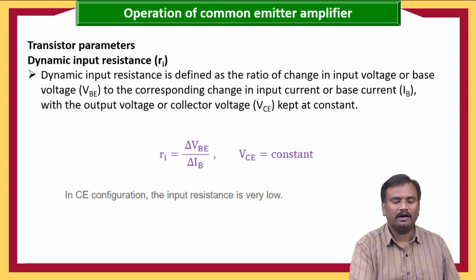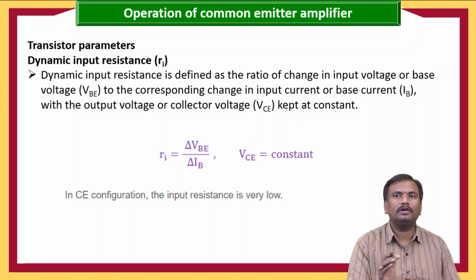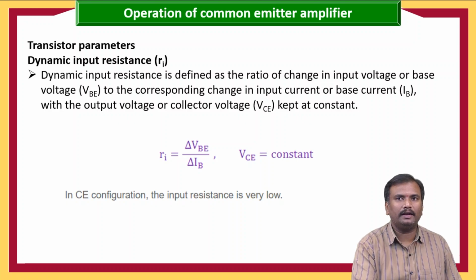That is, Ri equals delta VBE by delta IB, where VCE is at a constant value. That means if we go on changing the VCE value, we should not take the change in base to emitter voltage for different VCE values. We have to take only one particular value of VCE and calculate delta VBE and delta IB.